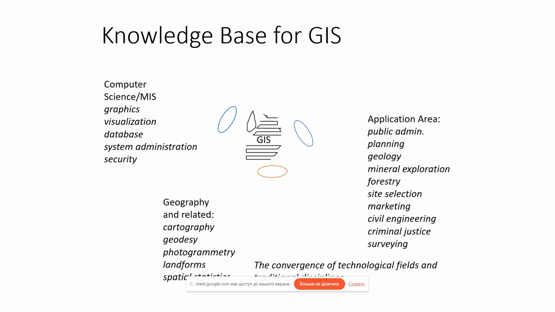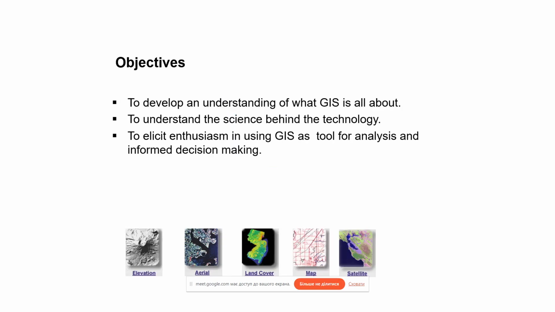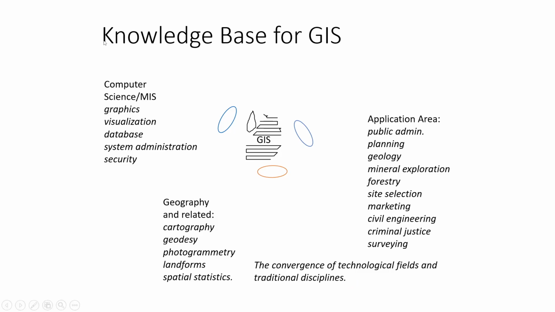Knowledge base for GIS. Here you can see some tags or some keywords that explain what GIS technology is linked with: computer graphics, visualization, database, system administration, security, geography, cartography, landforms, statistics.